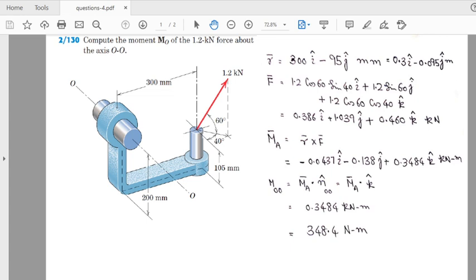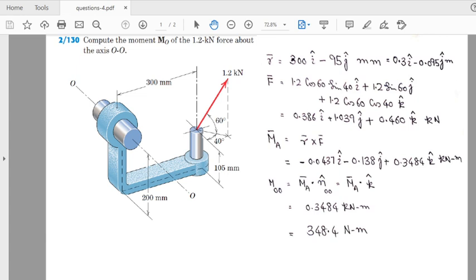So the difference of coordinates gives us (300 minus 0)i plus (105 minus 200)j. So that is 300i minus 95j millimeters, and that gives us 0.3i minus 0.095j meters.